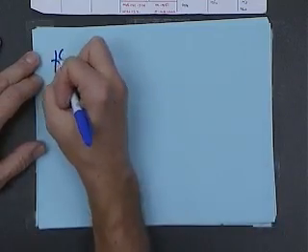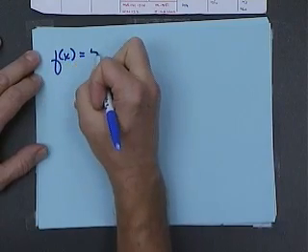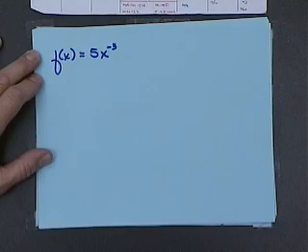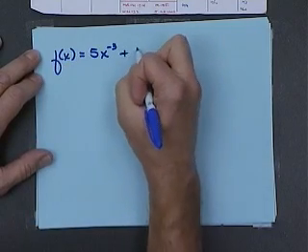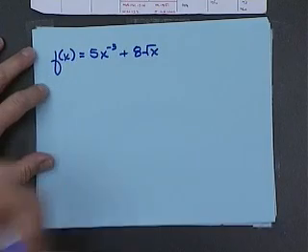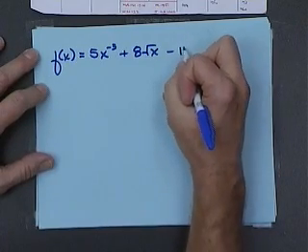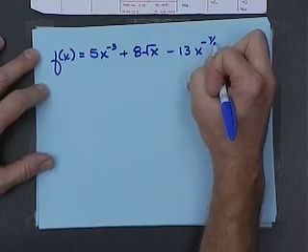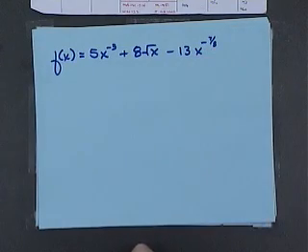So let's start with our little f of x, 5x to the -3rd. That's not a positive integer. It's a negative integer. How about 8 square root of x? That's not an integer at all. And how about 13x to the -7/8? That looks delightful.